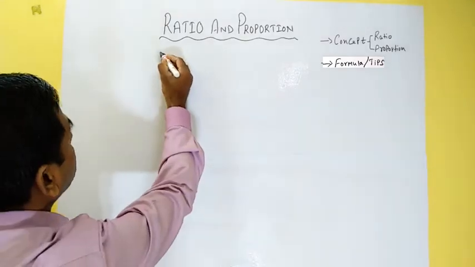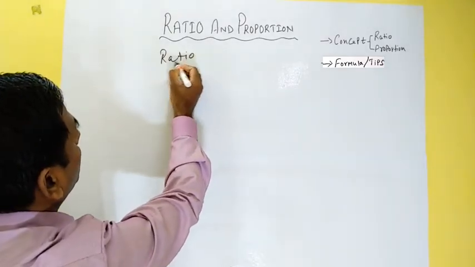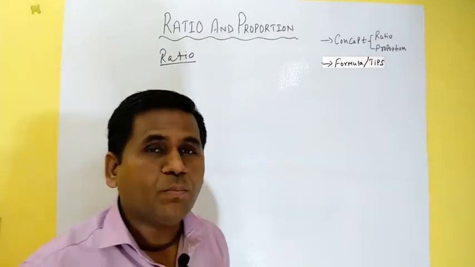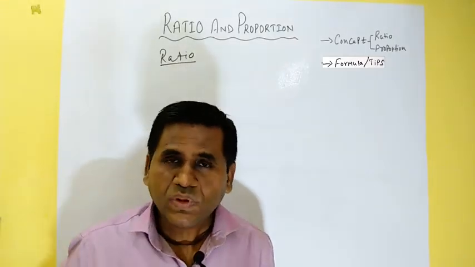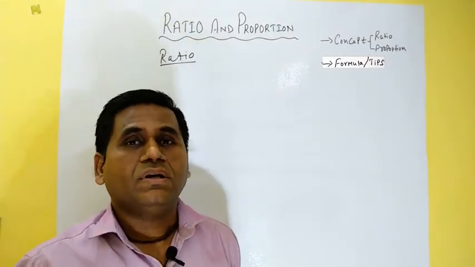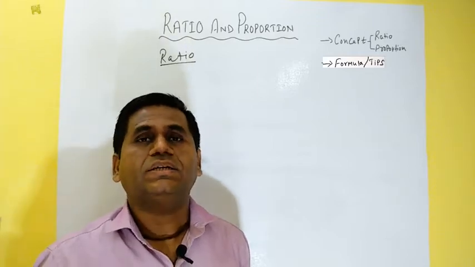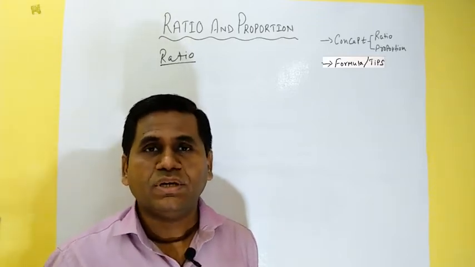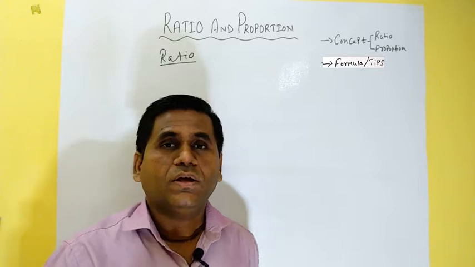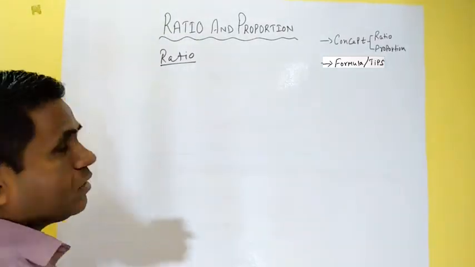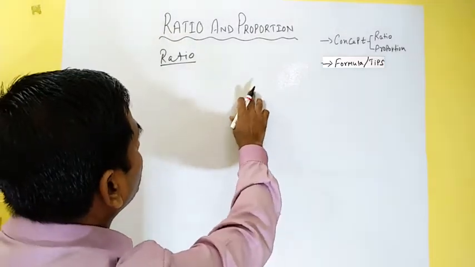So when we say ratio, it is used to compare two quantities. Whether it can be a size, a height, a weight, or the income of a person. So between two quantities means between two persons.